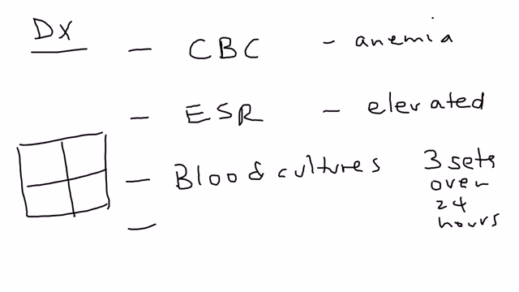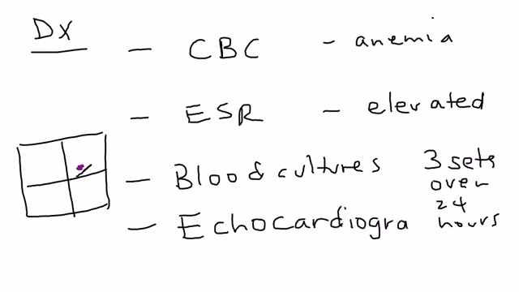So if we go back to that diagram, and let's say we have a vegetation sitting on someone's heart valve, it would be visualized by the echocardiogram. So the echocardiogram is the diagnostic test that you do to visualize the vegetation, which I've drawn, and the blood cultures is what you do to isolate and identify the actual organism.